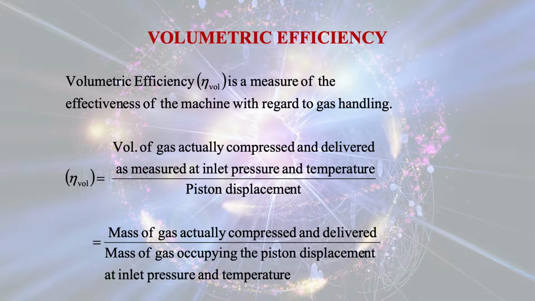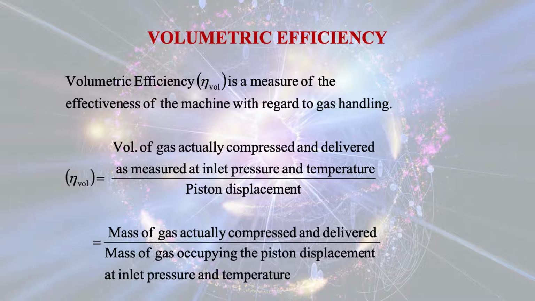The volumetric efficiency, eta volume, is a measure of the effectiveness of the machine with regard to gas handling. So, eta volumetric efficiency is equal to volume of gas actually compressed and delivered as measured at inlet pressure and temperature divided by piston displacement.